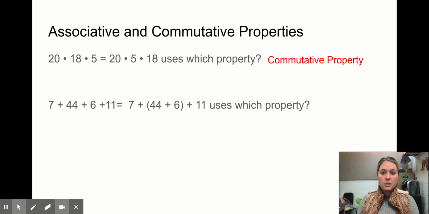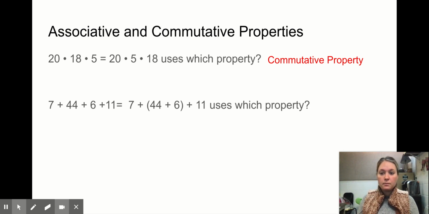So the reason we did this is because 20 times 18, you could do that, but then taking that times 5 becomes more difficult. But if you switch it around to take 20 times 5 first, 20 times 5 is 100. And then 100 times 18 is 1800. So by flipping them around, by changing the order, it makes our problem become mental math.